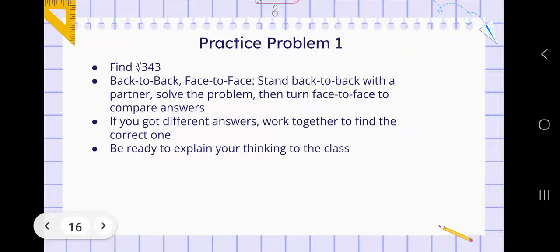If you got different answers, work together to find the correct one. Be ready to explain your thinking in the comments. If you want to pause the recording, you can. I'm just gonna pause for 20 seconds.